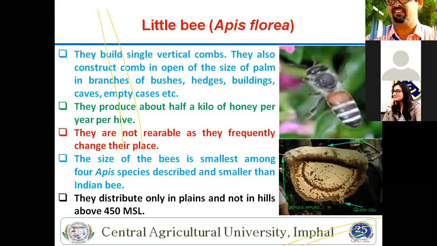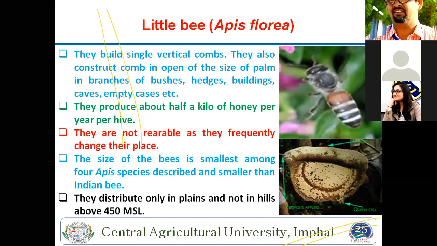This is also a difference. It produces only half to 1 kg honey from one comb or one hive. This is a very small amount of honey. They are not reliable as they frequently change their place. That's why they are not reared.